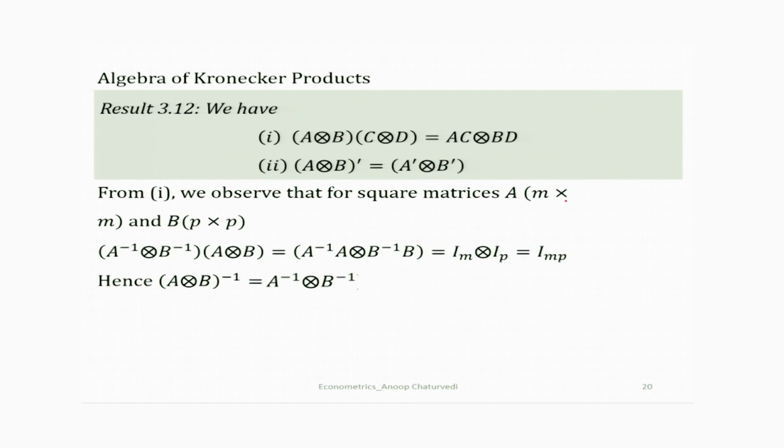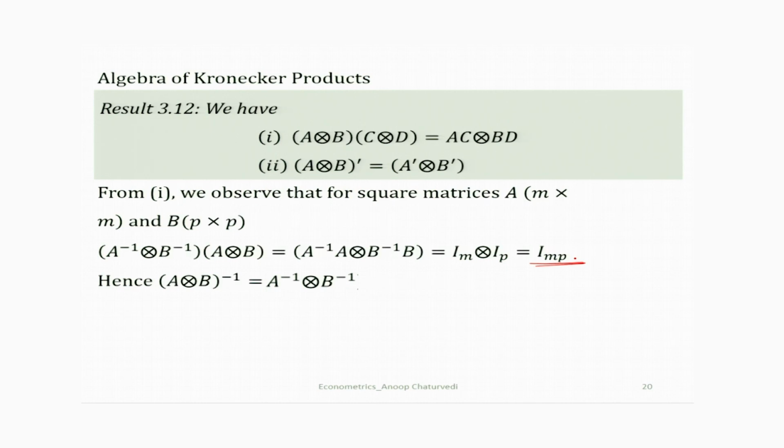And then from the first result we observe that for the square matrices A and B, so suppose A is of order M cross M and B is of order P cross P, and both of these matrices are non-singular, then (A inverse Kronecker product B inverse) into (A Kronecker product B) is equal to A inverse A Kronecker product B inverse B. A inverse A is I_M, B inverse B is I_P. Then I_M Kronecker product I_P is equal to I_MP.